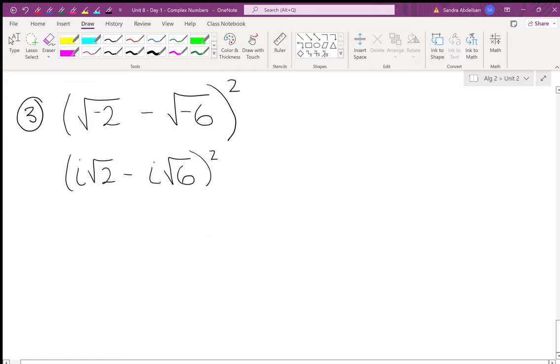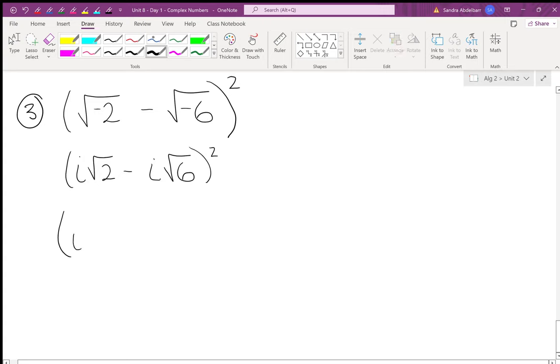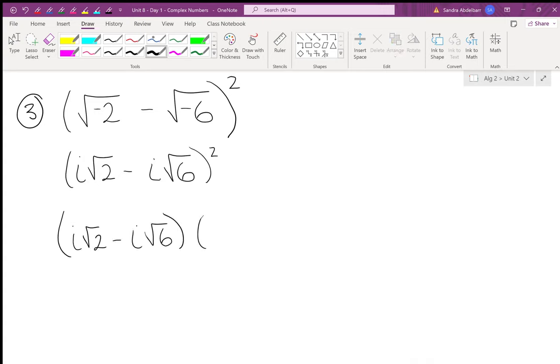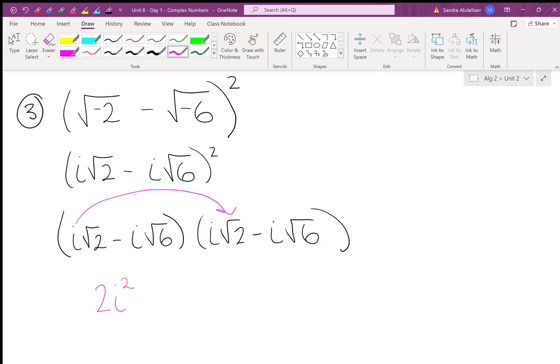We must FOIL. So this is an i root 2 minus an i root 6 times an i root 2 minus an i root 6. i root 2 times i root 2 is 2i squared. Yes, we agree? All right.